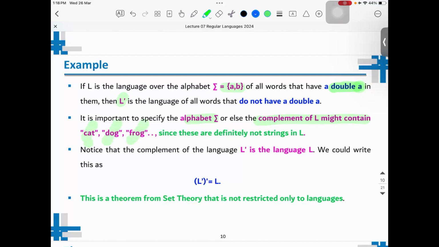So these are definitely not in the language L. But make sure that the input should also contain C, D, G, and so on.